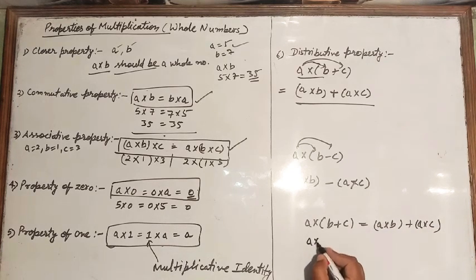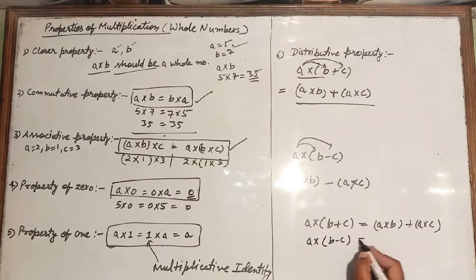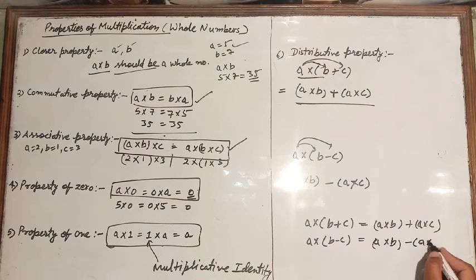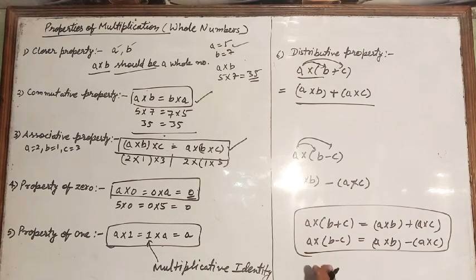Or in case of A into B minus C, it will be A into B minus A into C. This will be helpful for solving the many questions in our exercise. So first understand this much.